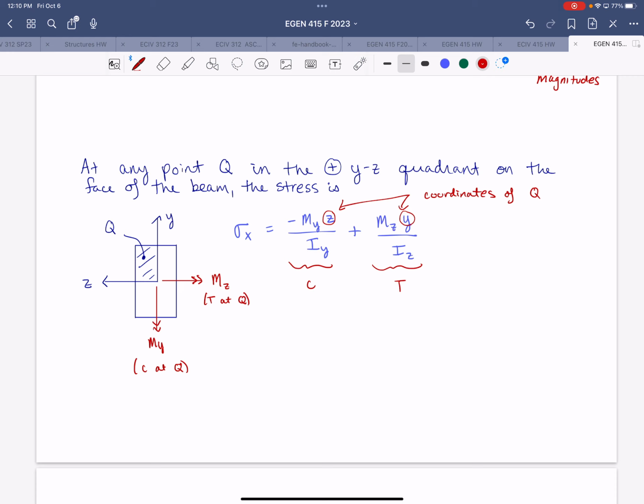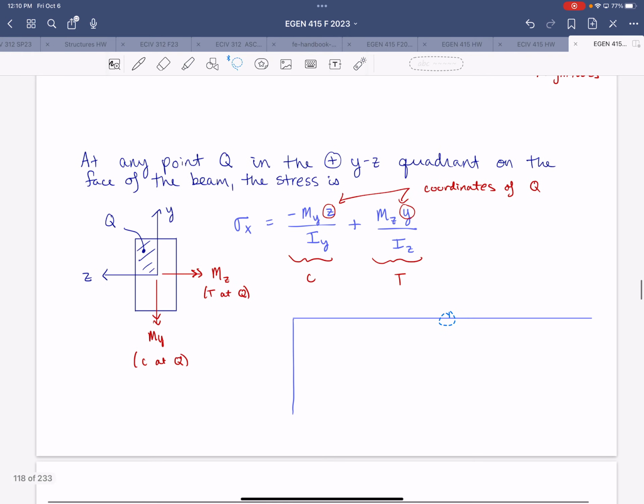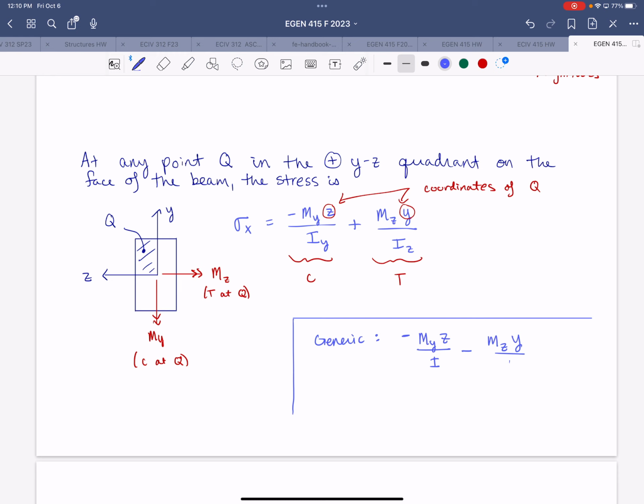In general, if you just wanted to enter the problem blindly and plug values in with signs associated with them, then we would have a generic equation: negative My times z divided by I minus Mz times y divided by I. This is consistent with assuming that a positive moment would create compression in the positive direction.